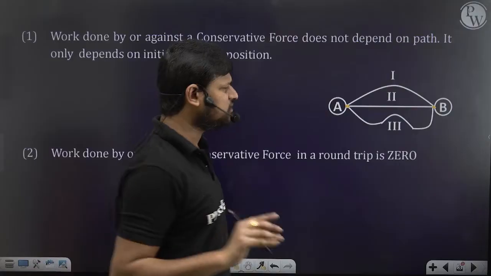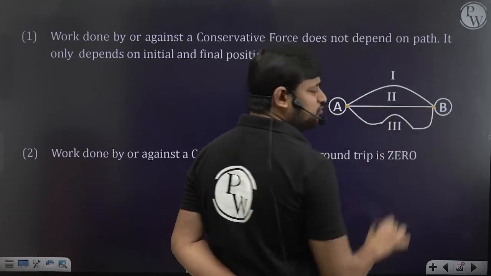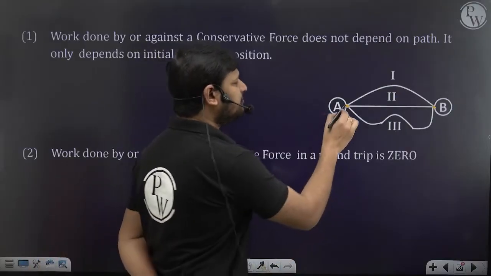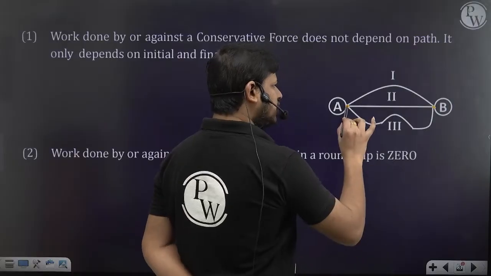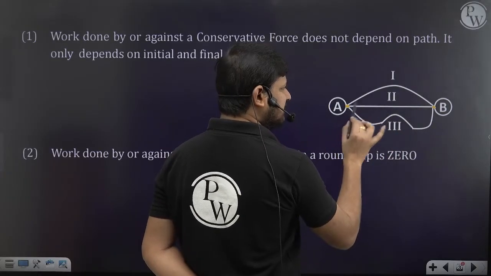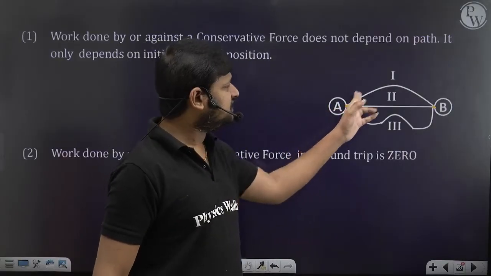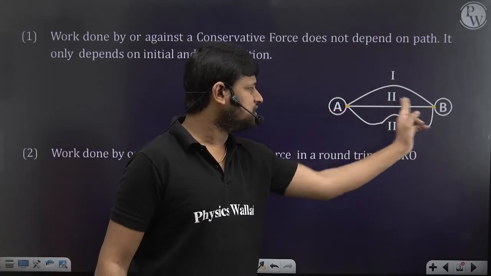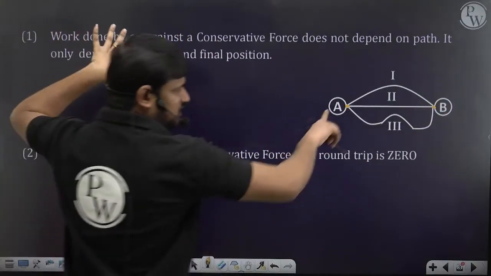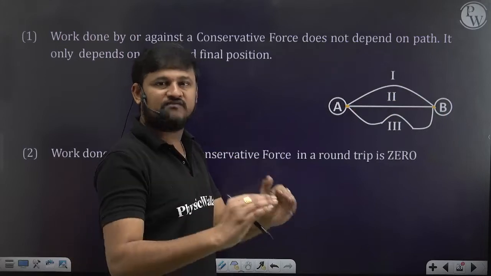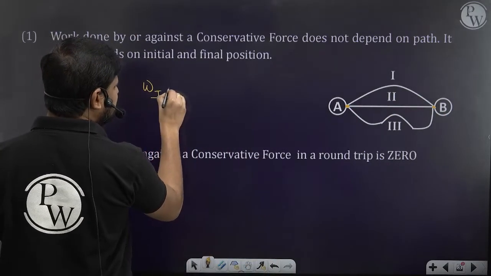Let me tell you through a simple example. Let's suppose some work has to be done from A to B, and we applied some force. If this force is conservative, I do the work through path 1, path 2, and path 3. Whatever force we used, if it is conservative, the work done will be the same in all the paths.